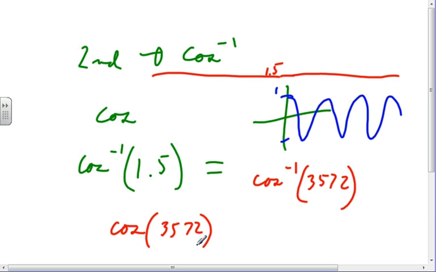So you have to reinforce cosine 3572. Boom. And I end up with 0.883. I wonder if I'm in degrees or radians. Anybody know? Yeah, I'm in degrees. Okay. You better know whether your calculator is in radians or degrees, because obviously if my calculator was in radians, I'd get a different answer, wouldn't I?